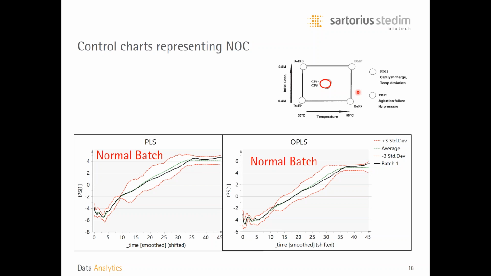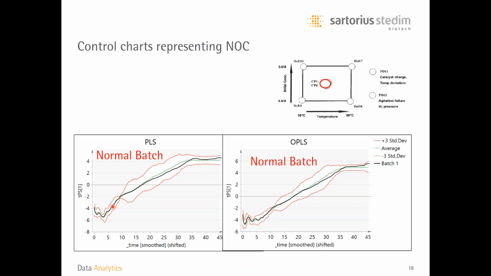And on this slide, we see the control charts arising from modeling the 6 NOC batches. Perhaps we should walk through the common building blocks of a control chart like this. The horizontal dimension corresponds to the batch lifetime from 0 minutes up to 45 minutes.